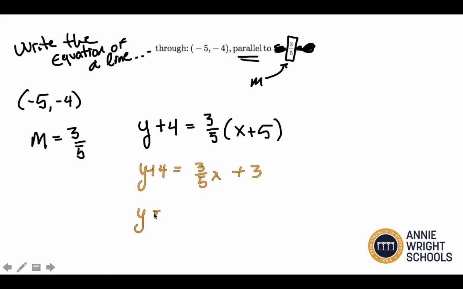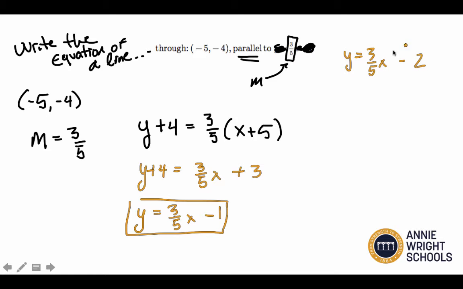Subtract the 4, and you get y equals 3/5 x minus 1. If you remember, the original equation up here was y equals 3/5 x, and it was either -2 or +2, I can't remember. But that's because it was a different line than this one. This is not the line we want. We want the line that goes through this point and is parallel. So there we go.